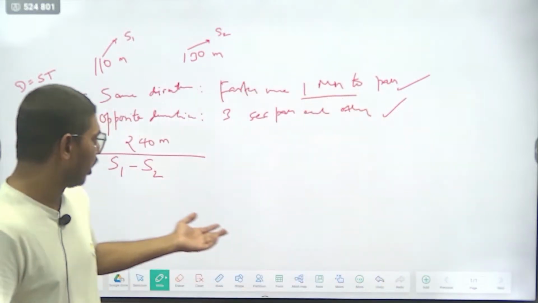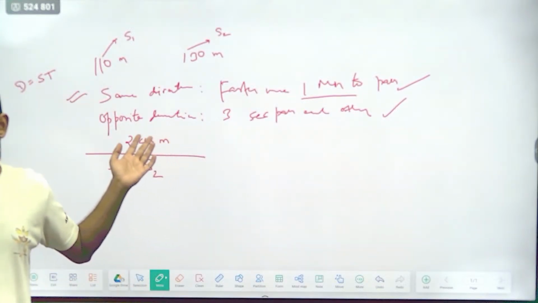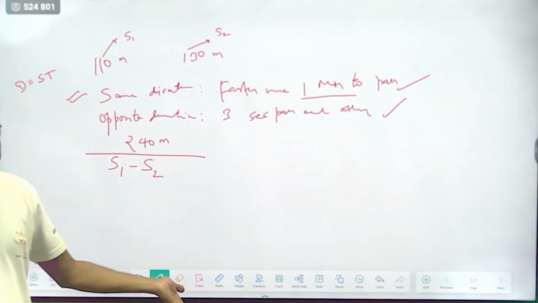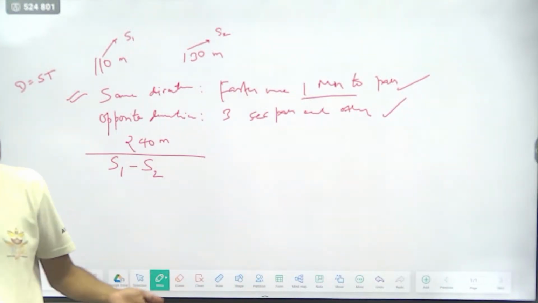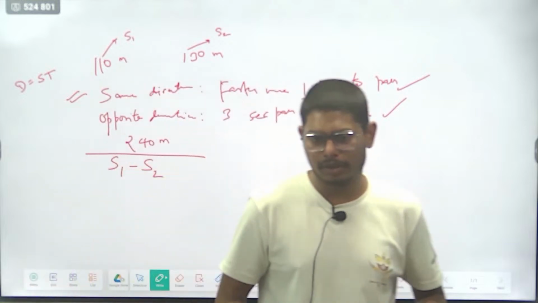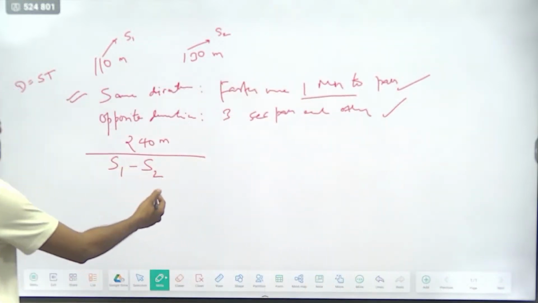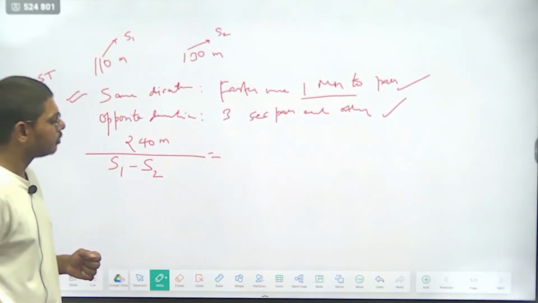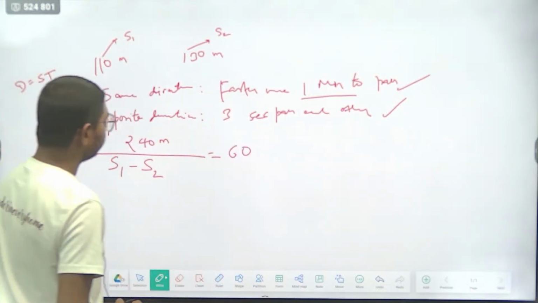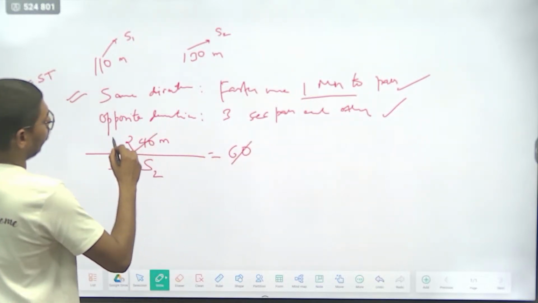So obviously, the train which has the higher speed. Velocity is a vector quantity, and might have some physical connotation to it. So S1 minus S2, 1 minute, we just change it into 60. Now this one will go 4 times.